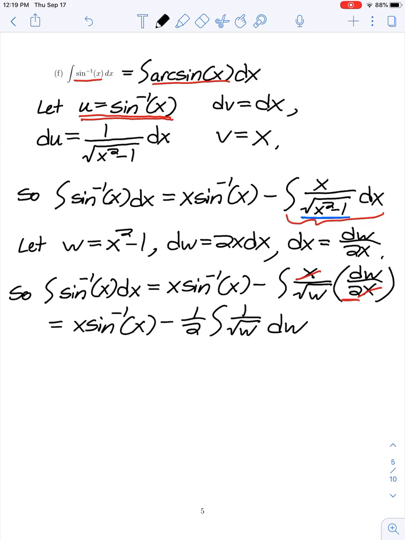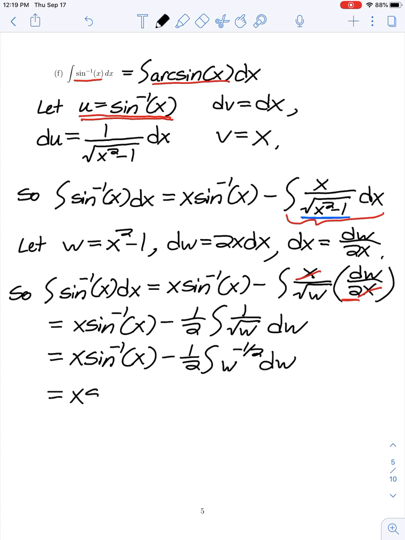Now to integrate that function, I might prefer to rewrite this as w to the negative 1/2 power instead of 1 over root w.